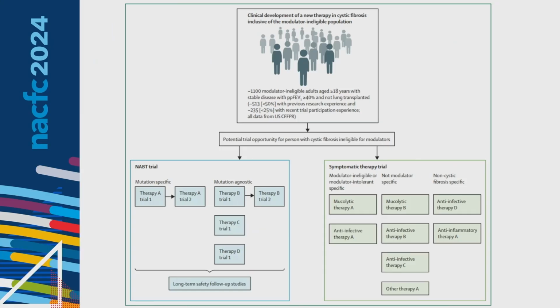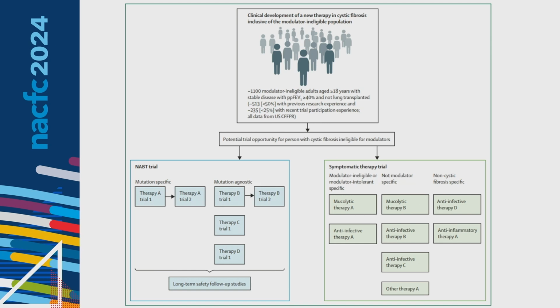I'll give you an example of what that might look like and why we need to do that. Sorry, that may be slightly hard to read, but this is a schematic on the development, for example, of a new therapy in CF, including the modulator ineligible population. There was some data pulled from the US registry at that time.